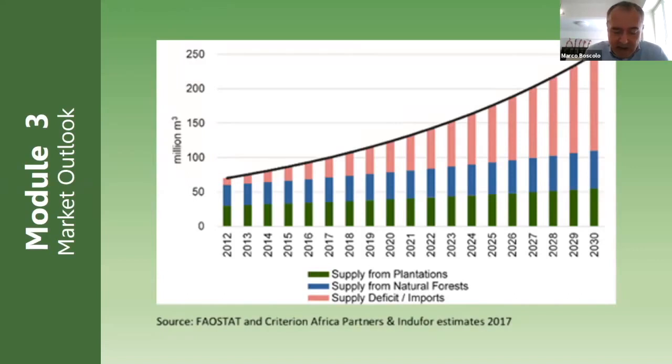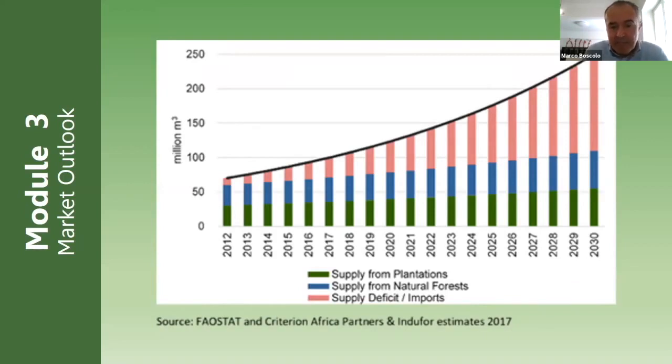And the guide helps you identify the key information that needs to be collected in order to create an effective market outlook. It suggests where to find the data and existing market studies, and suggests graphs like the one that you see on this slide, which shows the growing gap between timber demand and supply, to help you visualize and communicate this information.